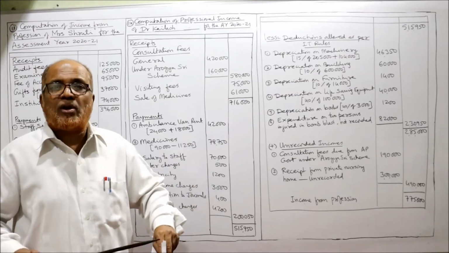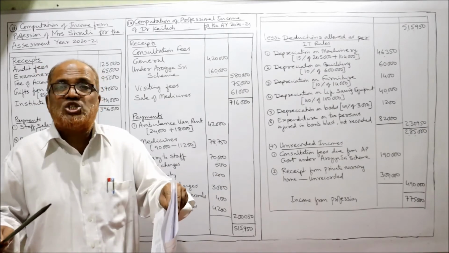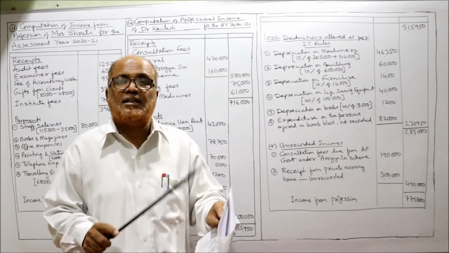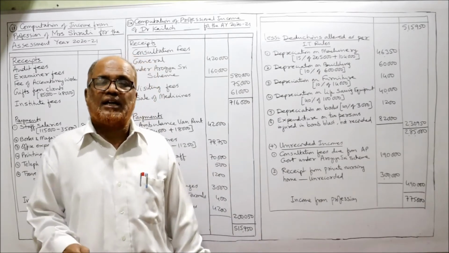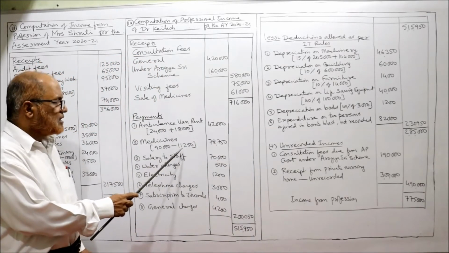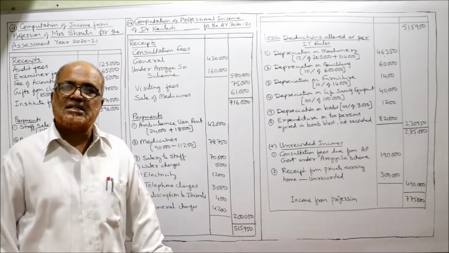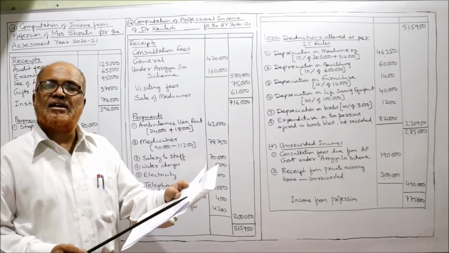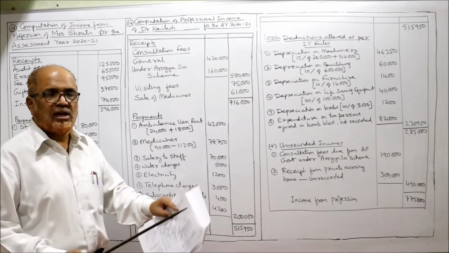Medicines are purchased for 90,000, but all the medicine purchased was not consumed. 11,250 stock of medicines is there at the end of the year, so this 11,250 will be deducted. So 90,000 minus 11,250, 78,750 will be allowed as deduction. Next one is salary to staff 70,000, fully allowed.